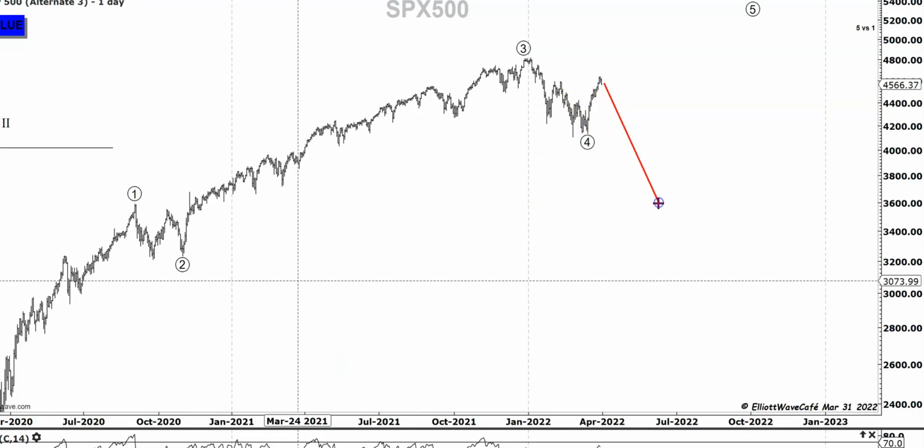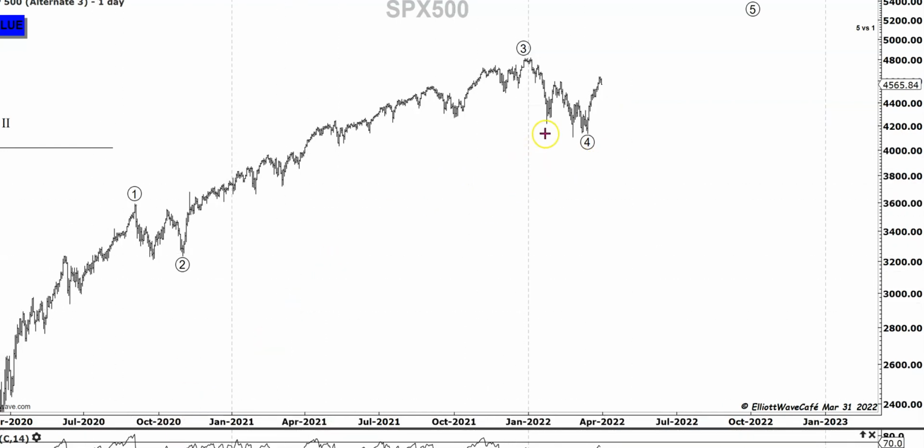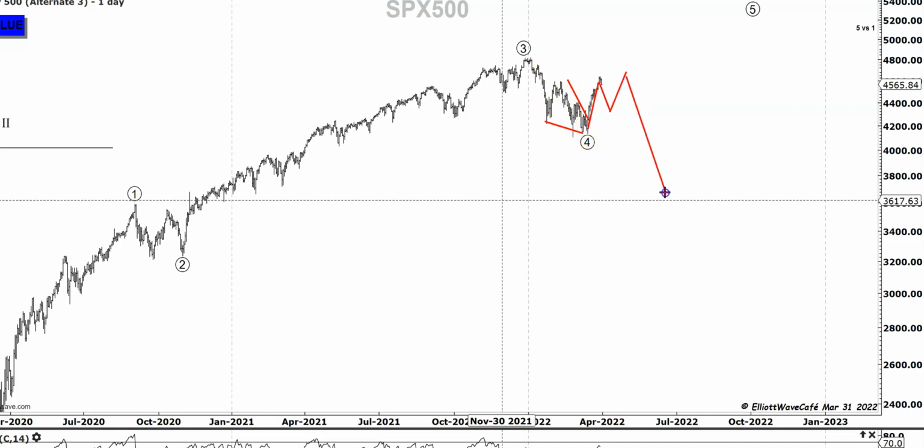The only way that would happen is if this, for whatever reason, is some kind of leading diagonal, and you're looking at this as a 1, 2, 3, 4, and 5, and this is a second wave, or wave A of a second A, B, C, and then you drop lower like that and create a sell-off.